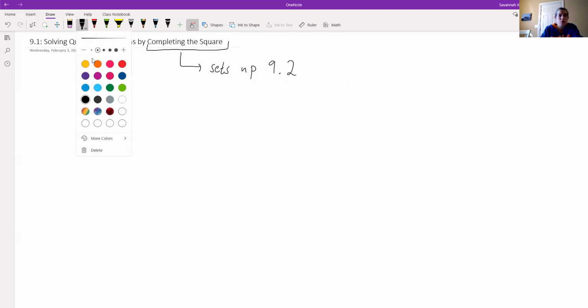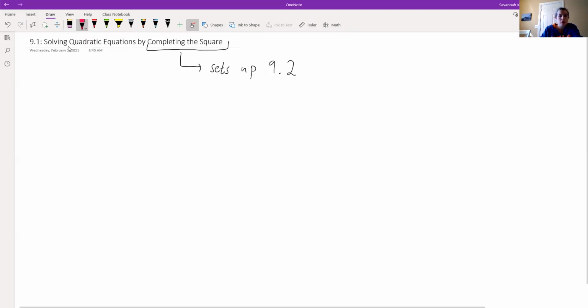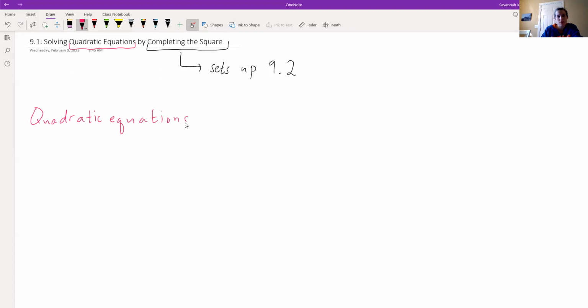Now, we need to talk about what quadratic equations are, because that's what chapter 9 really focuses on. And we know what these are without really having talked about it consistently. They're equations that are led by an x squared. Their highest power of x is x squared.